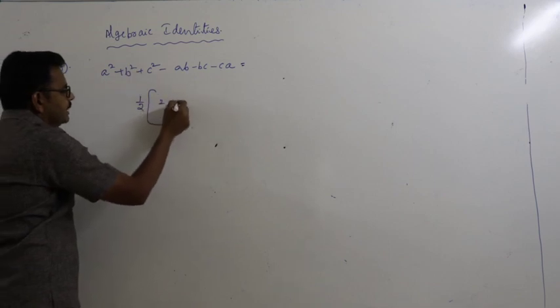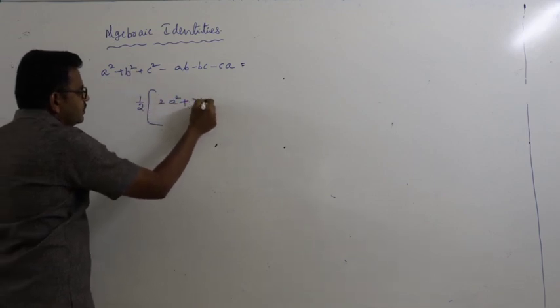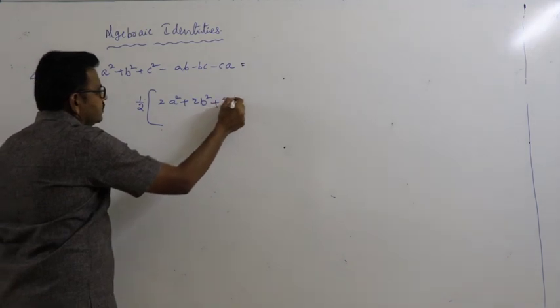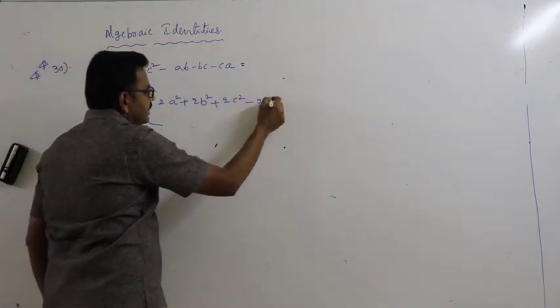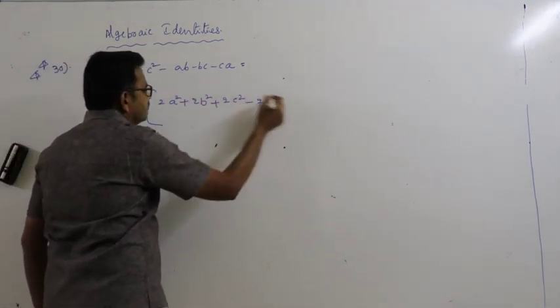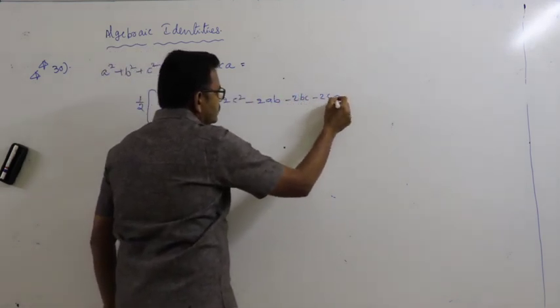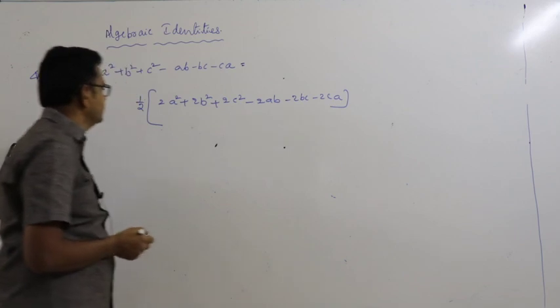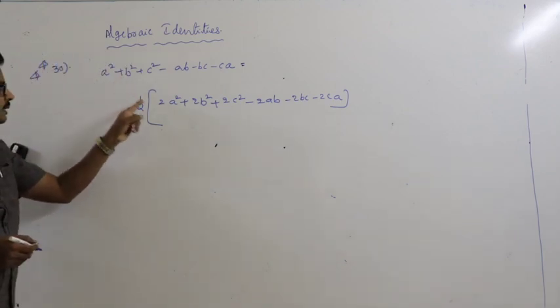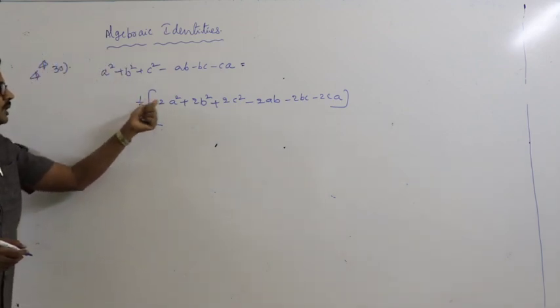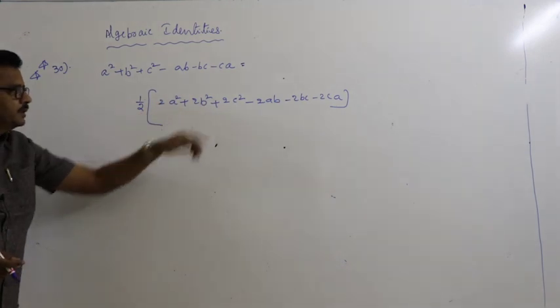This is 2a square plus 2b square plus 2c square minus 2ab, minus 2bc, minus 2ca. I am multiplying and dividing by 2. Dividing by 2, multiplying each term by 2.